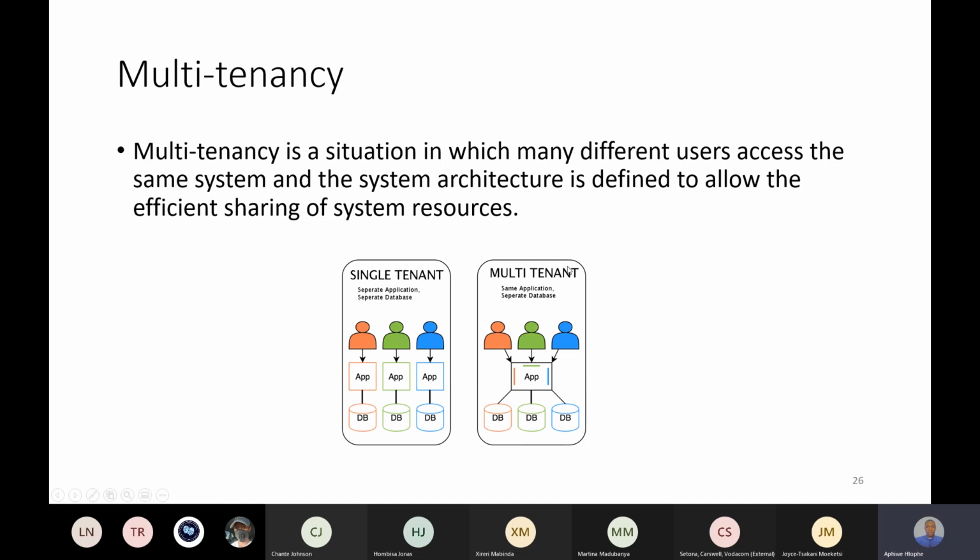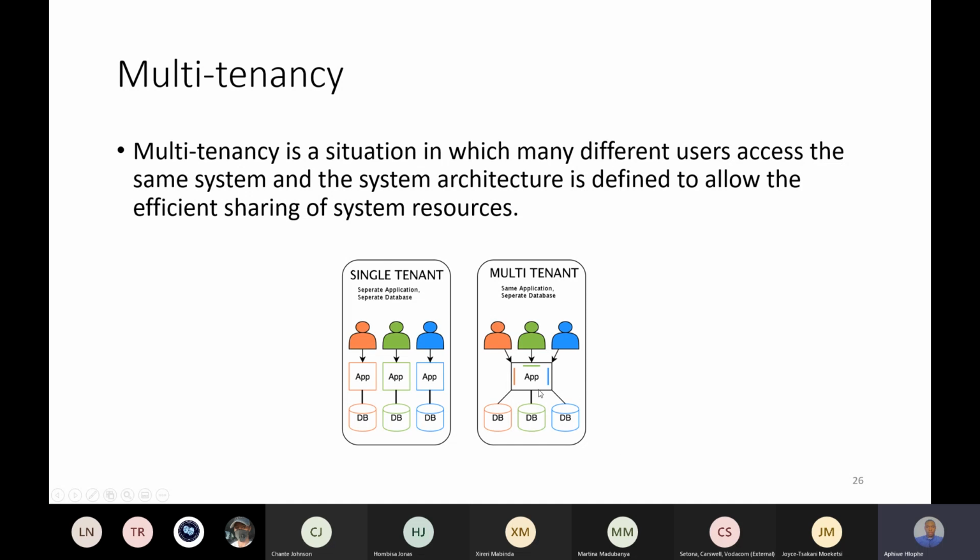However, with the multi-tenant solution, the different companies are sharing the same application, just with their additional branding configurations, and the data goes to different databases.